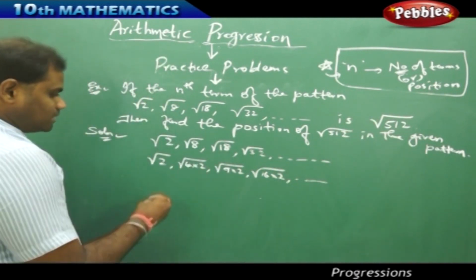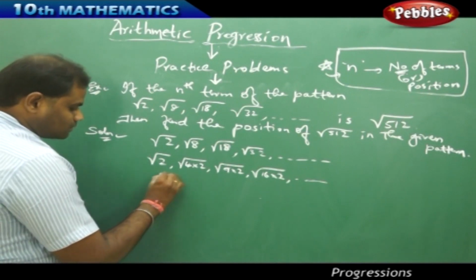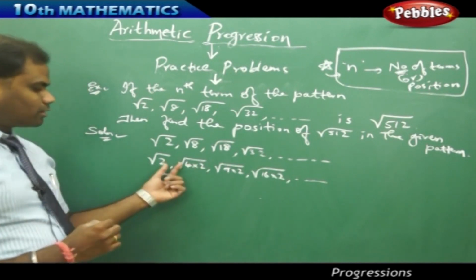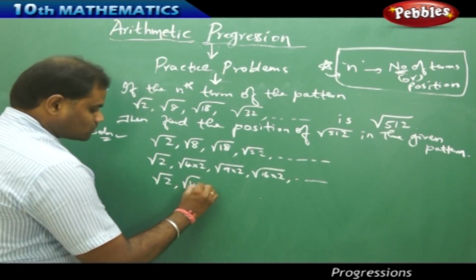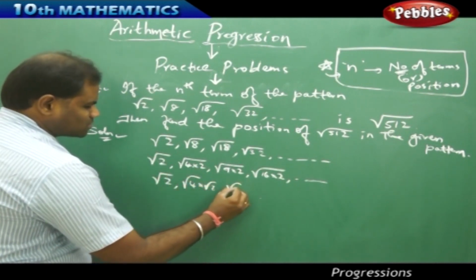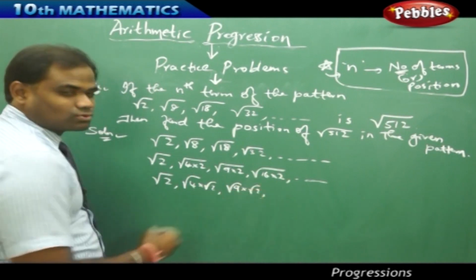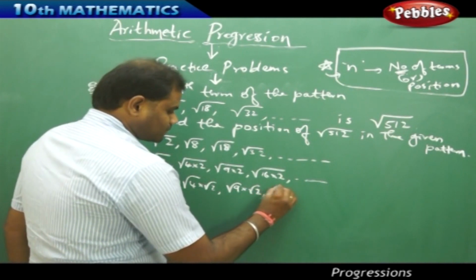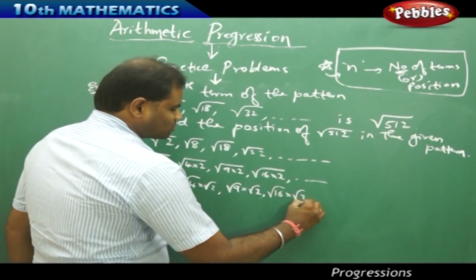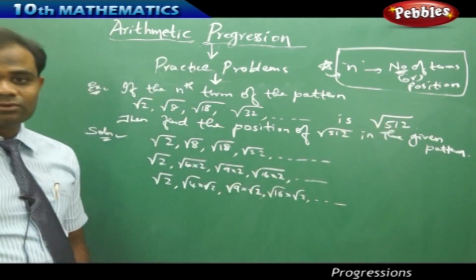Root 4 times 2 can come out as root 4 times root 2, and similarly root 9 times root 2, because a root can be split over multiplication, and this is root 16 times root 2, and so on and so forth.